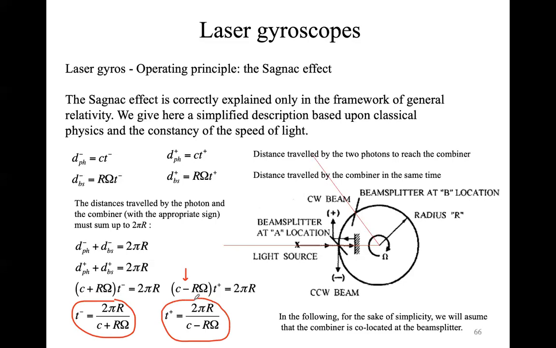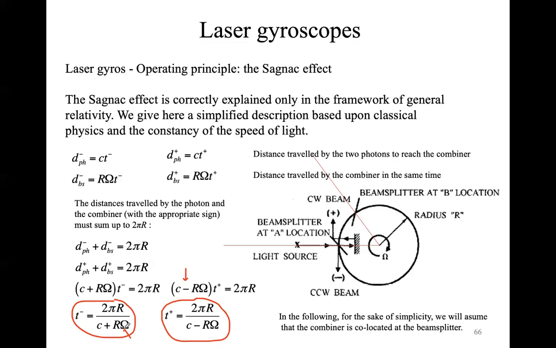Because the delta T is directly related to the delta phase of the signal. So what we are going to see briefly today, and expand tomorrow, is that by using the Sagnac effect, we are able to determine the delta phase of the signals, which is directly related to omega.